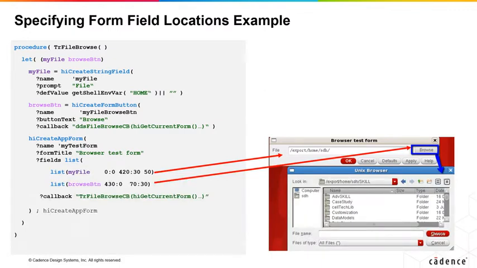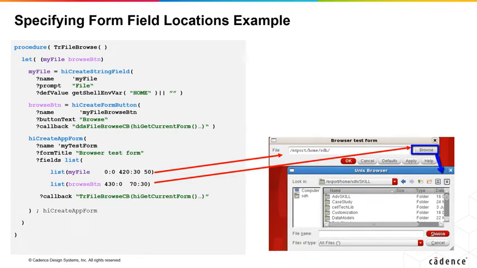The field list is going to include the My File string field, which is the file name that we want to open. And then if the user wants to browse, they can click on the Browse button.